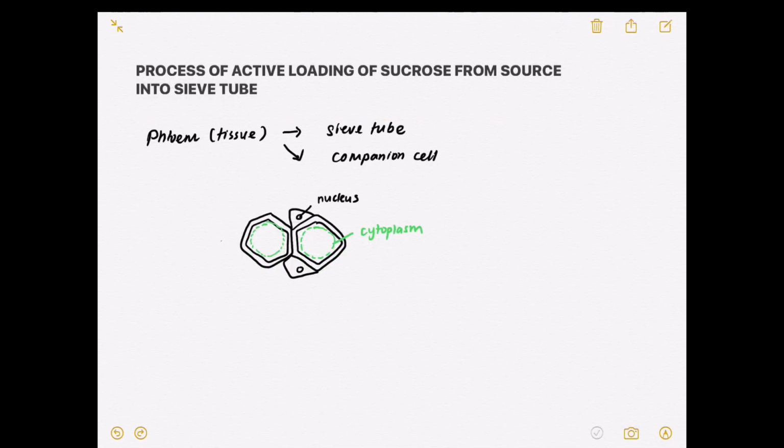Another feature of the sieve tube element is it still has an end wall, but in order to reduce resistance for the transport of sucrose, they actually make pores on the wall known as sieve pores. And this structure is actually known as sieve plate. So this is actually the cross-sectional view of the phloem.